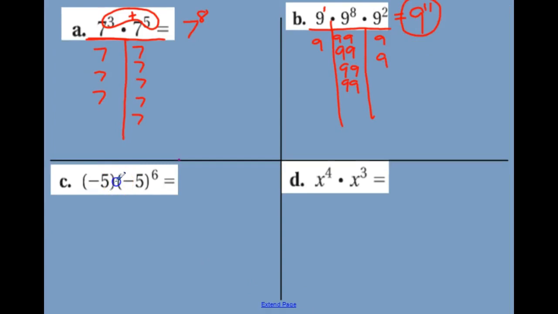Down here, these are touching, so I know that's multiplied. Again, just like this 9 to the power of 1, this is really negative 5 to the power of 1. We just write it one time. Over here we have negative 5 6 times. So there's negative 5 6 times, another negative 5 would give us negative 5 7 times. The reason why I put this in parentheses is because negative 5 to the power of 7 might give you a different answer in your calculator than with the parentheses.